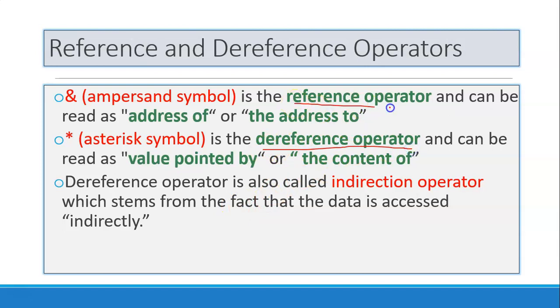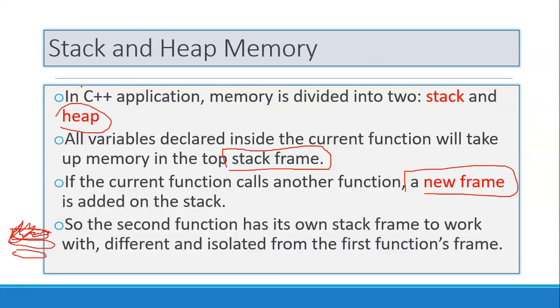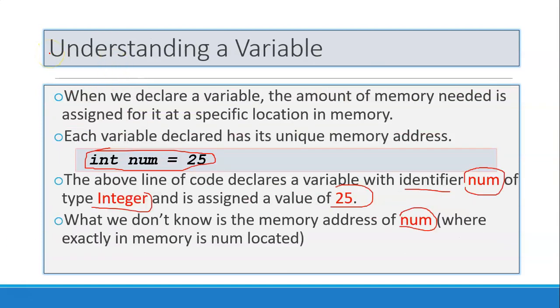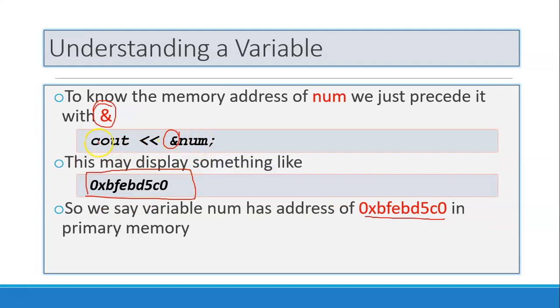So the reference operator is an ampersand. We've used this symbol or this operator before in our previous video when we were displaying the address of a num variable. Just to take you back, here we declared a variable called num and assigned the value 25 to it. And if we have an ampersand here and num, then this statement is going to display the address and not the value.